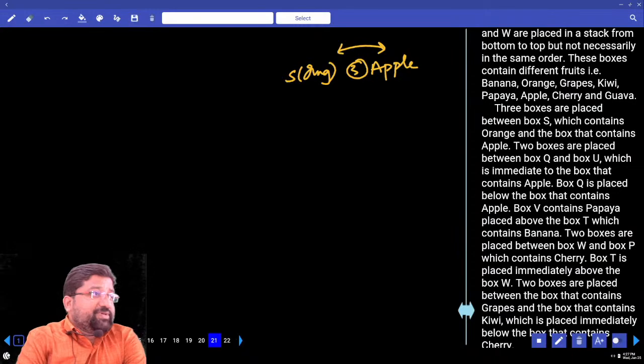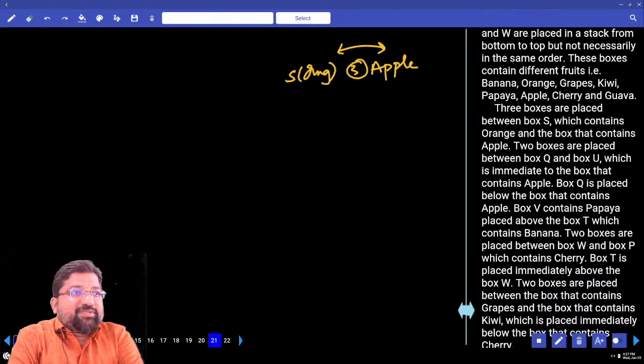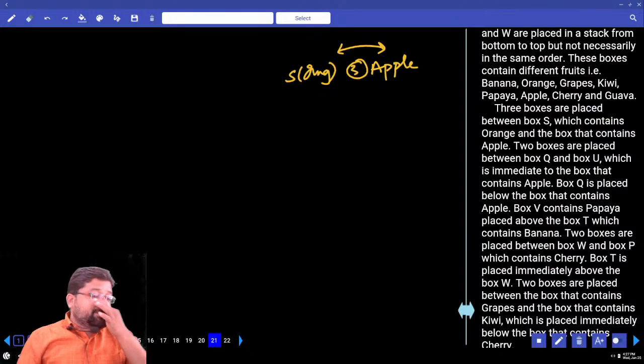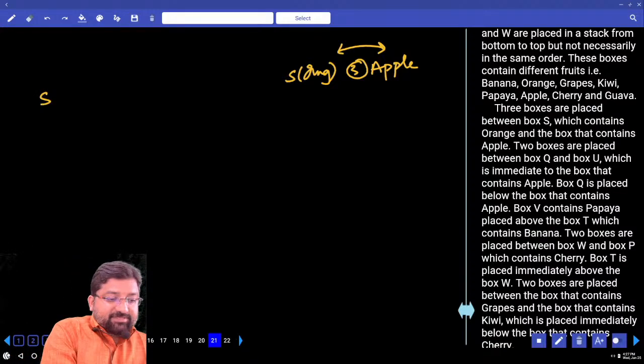And this looks to me similar to the previous one. 3 between orange and apple, and how many boxes will I cover? 5 boxes. Orange.